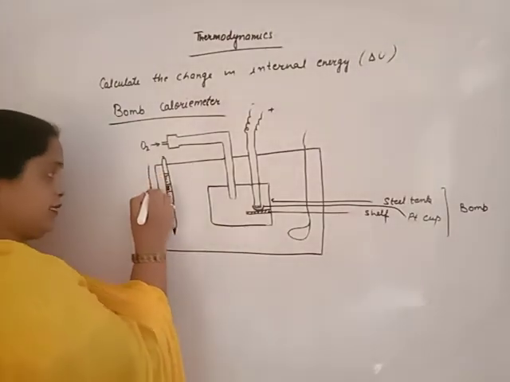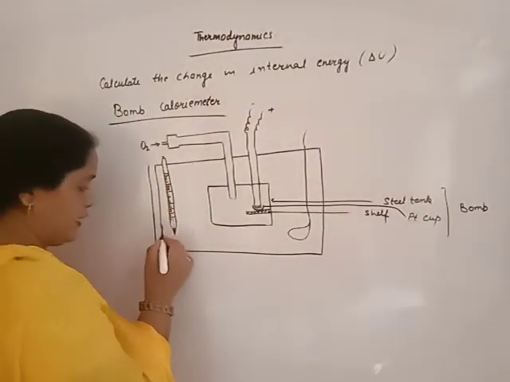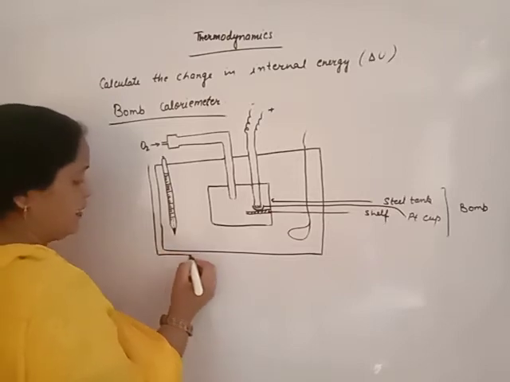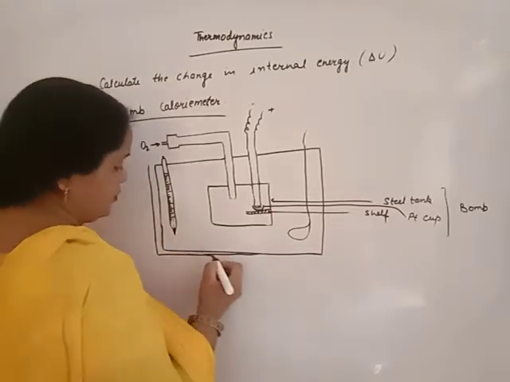Beta, this large insulated jacket allows neither matter nor energy to pass through it.